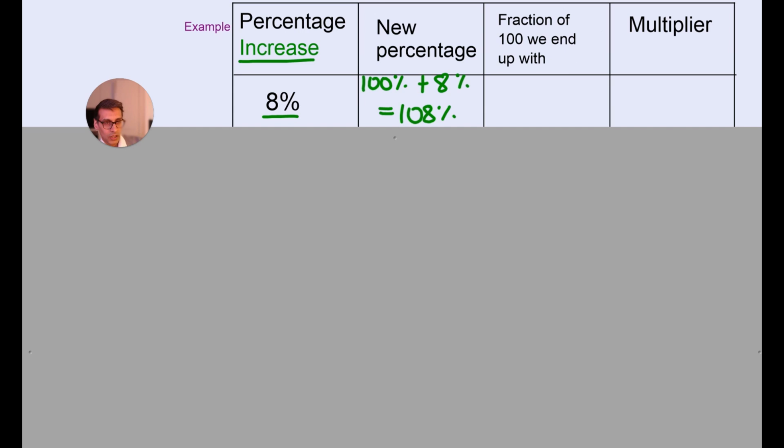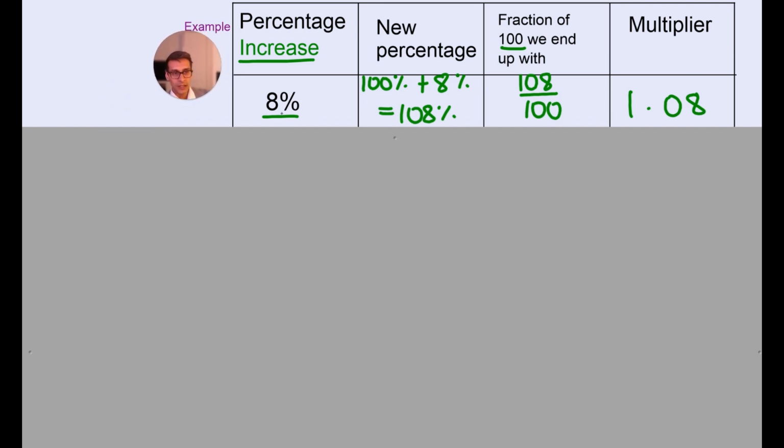The fraction that we now have is 108 over 100. Now we don't need to cancel this down, we're going to leave it out of 100 always, because it's easy to divide that. So remember, 108 divided by 100 is 1.08. And that's what you put in the calculator to work out 108%, or an 8% increase.